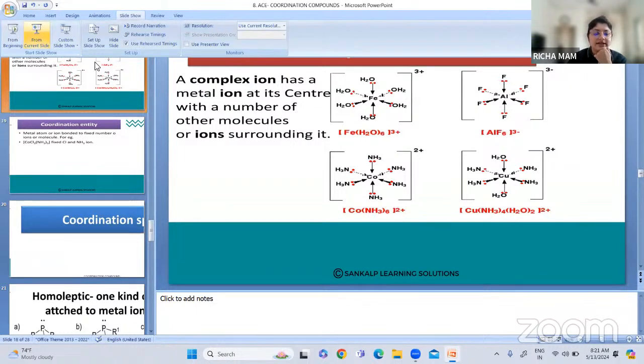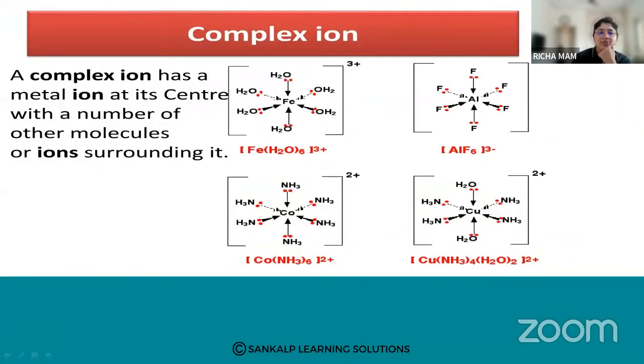Next is the central atom or central ion. This is a metal atom which is there in the center. The metal atom or ion to which a number of ligands are bonded in a definite geometrical arrangement around it in a coordination entity is called the central atom or ion.